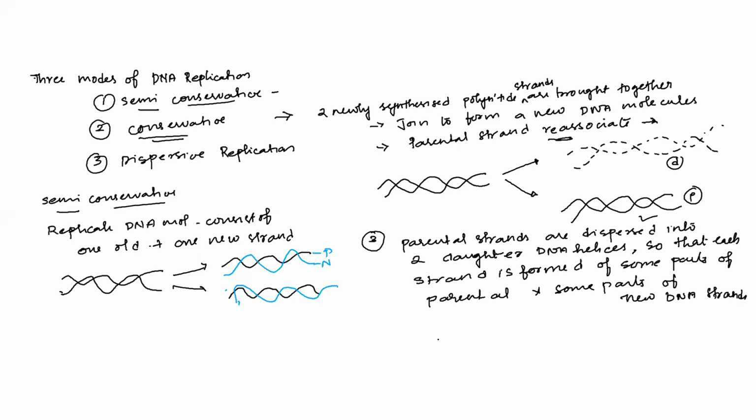So basically, if you see, you have a double helix. Now here it will be dispersed, right? So let me just draw. This is the parental strand, then the daughter strand, parental strand, then you have the daughter strand.